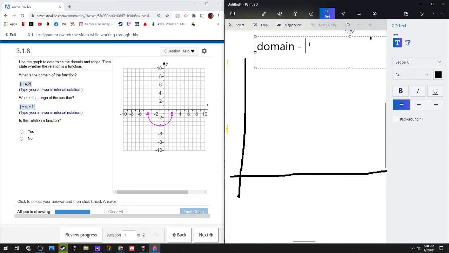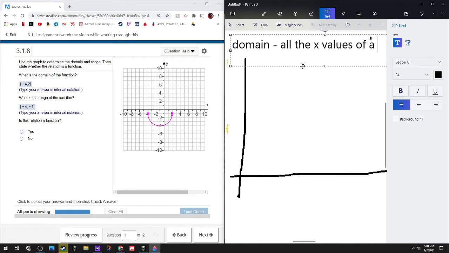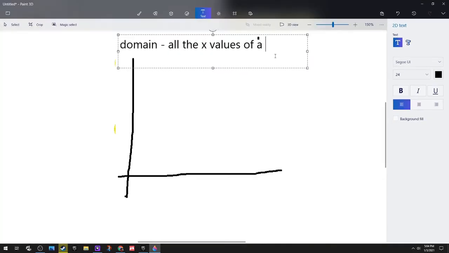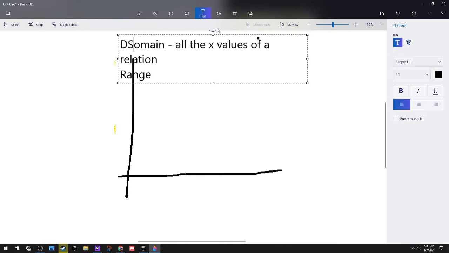Okay, so domain: all the x values of a relation. Range, if I'm going to capitalize, I should capitalize that one too. Range: all the y values of a relation.